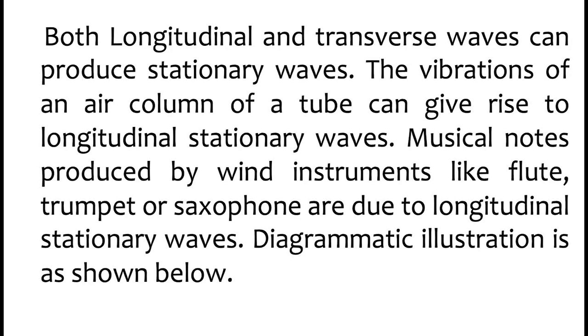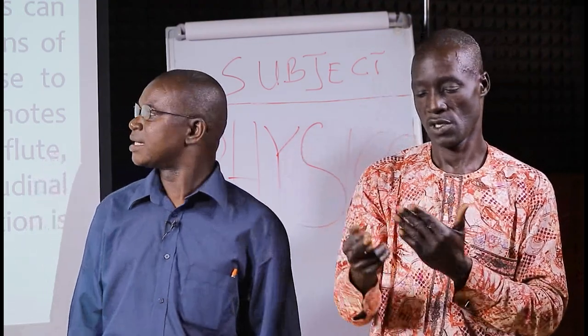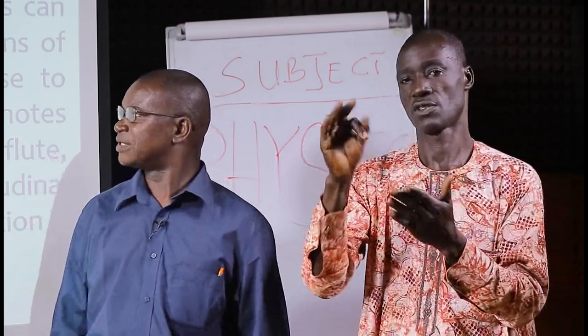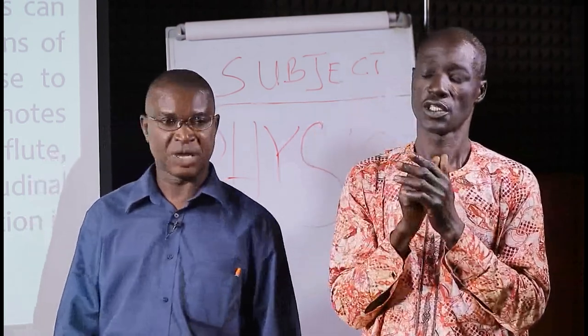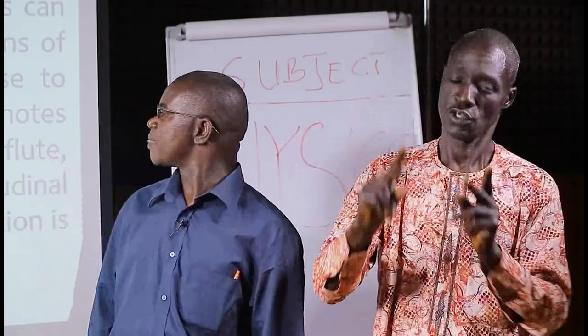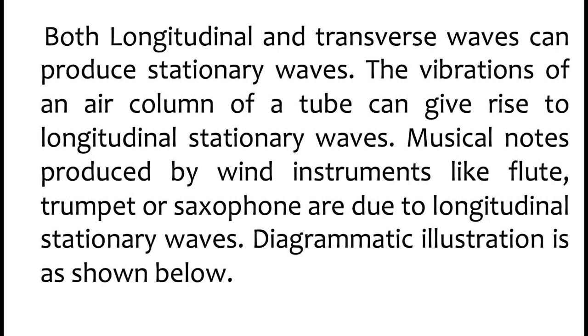Both longitudinal, as we've defined before now, and transverse waves can produce stationary waves. Reflecting back to part 1 of the waves, we defined what longitudinal and transverse waves are. Both waves produce stationary waves. The vibrations of an air column of a tube can give rise to longitudinal stationary waves.